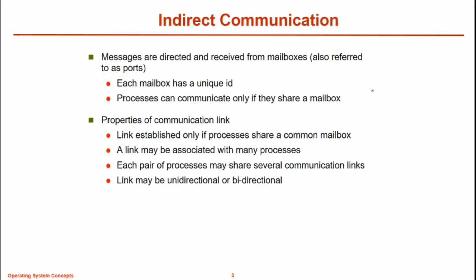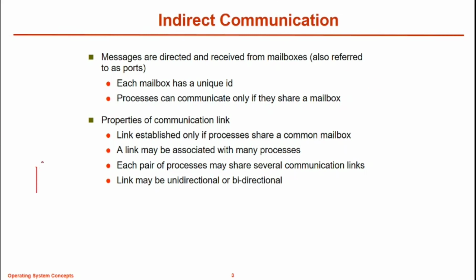Indirect communication: messages are directed to and received from mailboxes, and each mailbox has a unique ID. Processes can communicate only if they share a mailbox. Properties of the communication link: a link is established only if processes share a common mailbox.